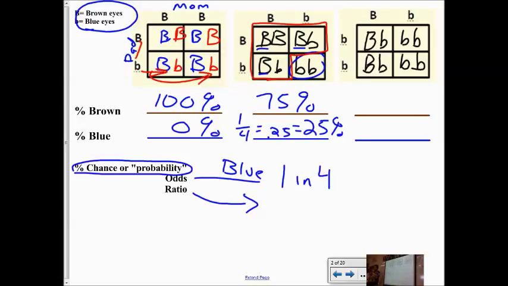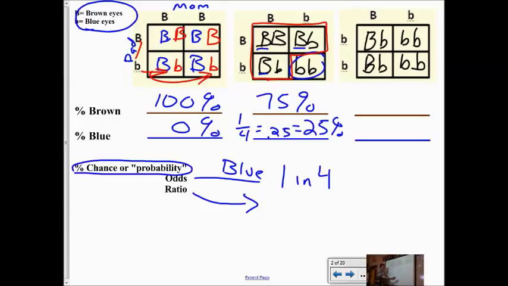And what would you say there? 3 to 1. Yeah, I said, what's the ratio of blue-eyed kids to brown-eyed kids? 3 to 1. Gabe? So for every 1 brown-eyed, there's going to be 3 the other way around. Yeah, that's what I thought you meant.